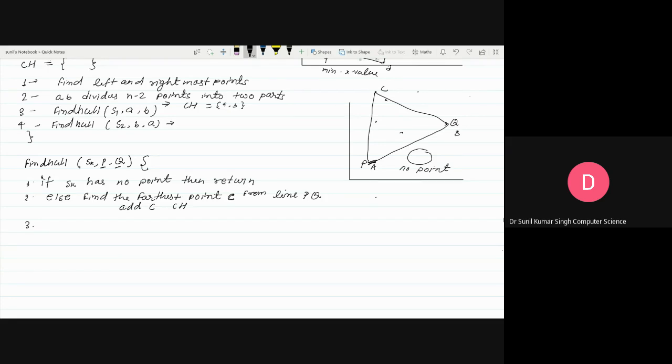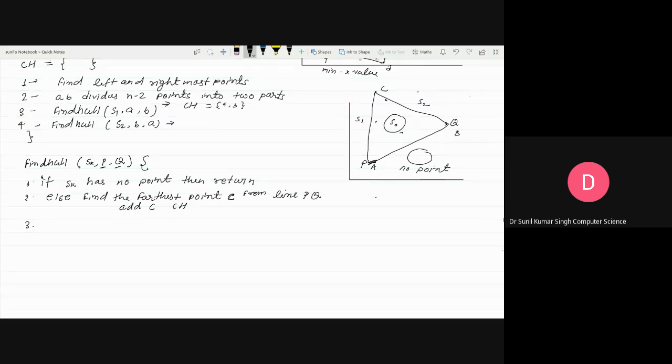And we can say that this is S0, this is S1, and this is S2. So of course S0 is not going to be meaningful for us because it is inside the already chosen points. The point which is inside the boundary is not going to be part of this convex hull.